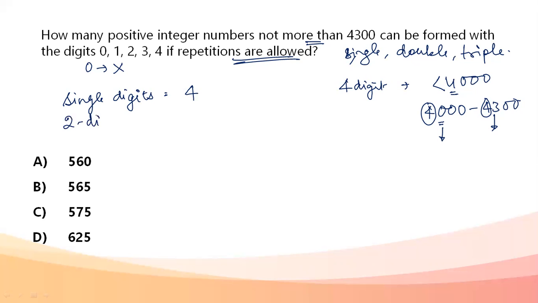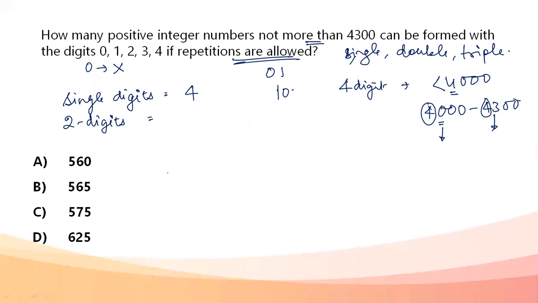Two digit, how many are possible? 0, 1 is not a two digit number. A two digit number is 1, 0. So 1, 0 is a double digit, 0, 1 is not.